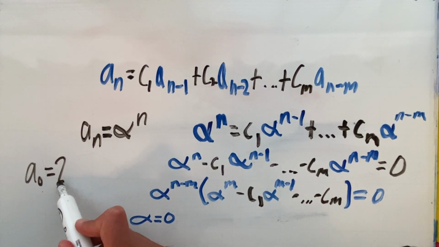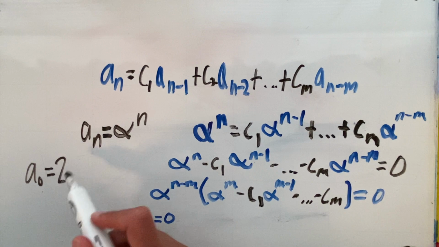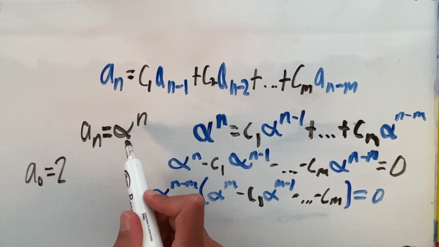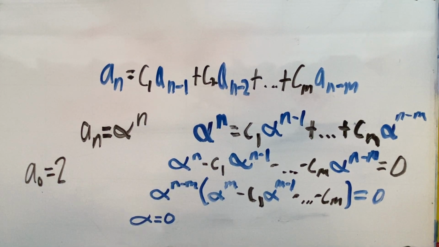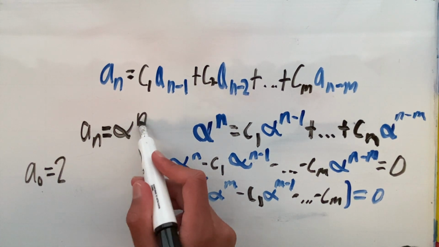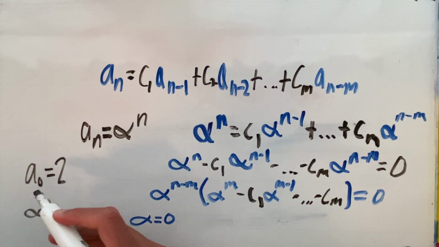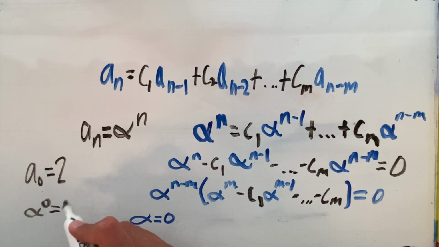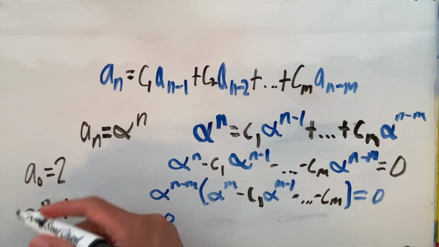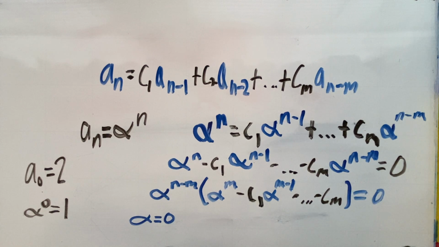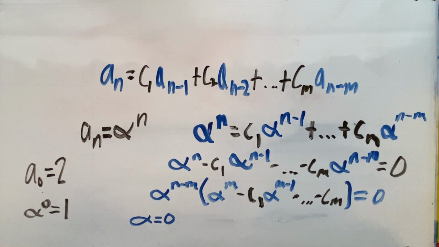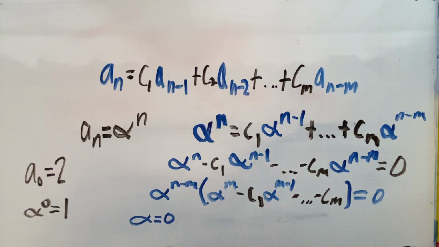Suppose you're given a sub 0 equals 2, any value that you plug in of alpha will definitely fail, because it's supposed to be that alpha to the n equals a sub n. A sub 0 should equal alpha to the 0, but any value of alpha to the 0 power will give you 1. And so it won't work with the initial condition regardless of what alpha you have. Essentially any individual solution to this polynomial equation is not going to work.